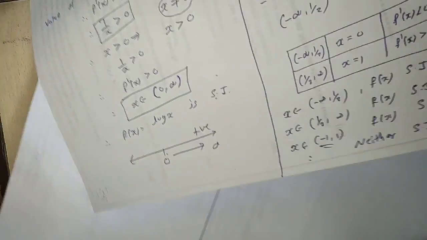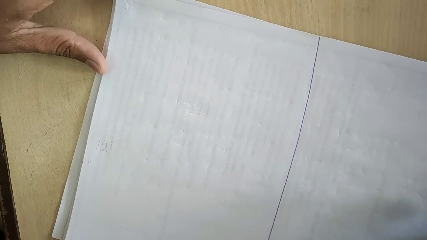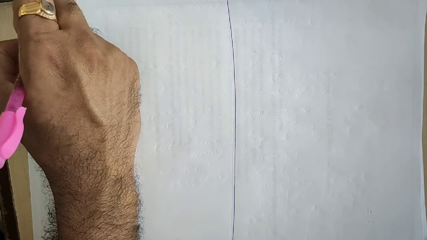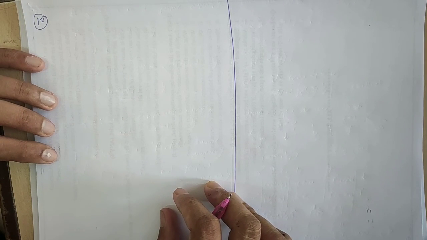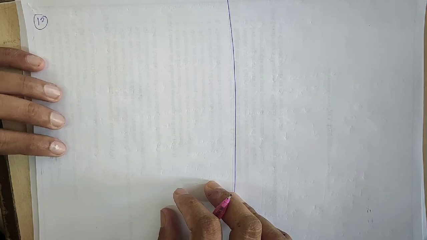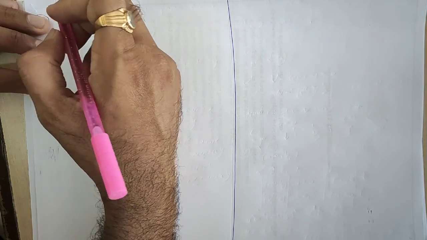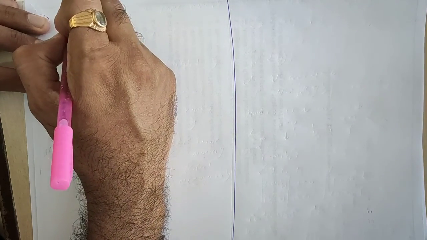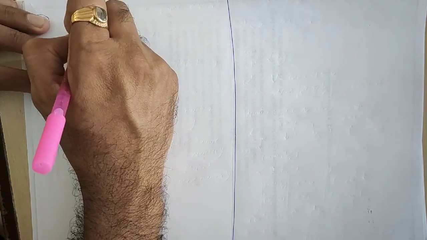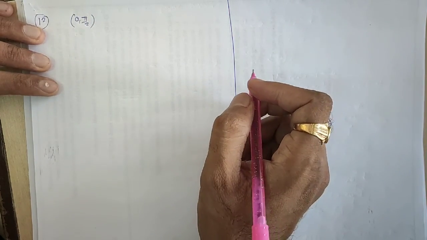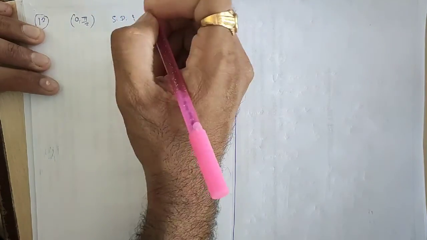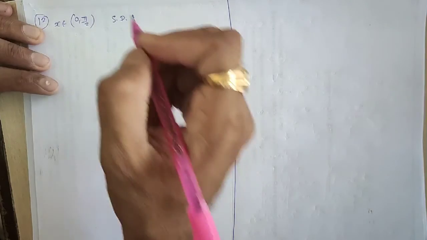Now next question is question number 12. Now in question number 12 we are given, for which value of x belongs to 0 to pi by 2, which function from these given functions is strictly decreasing function for x belongs to 0 to pi by 2.